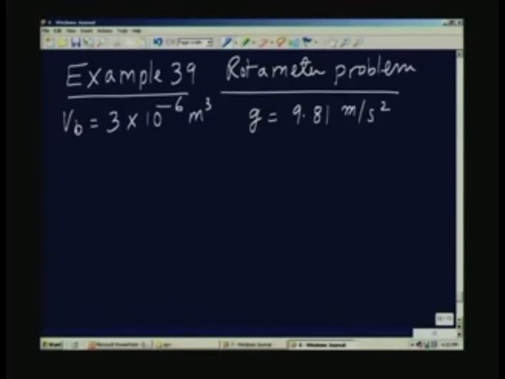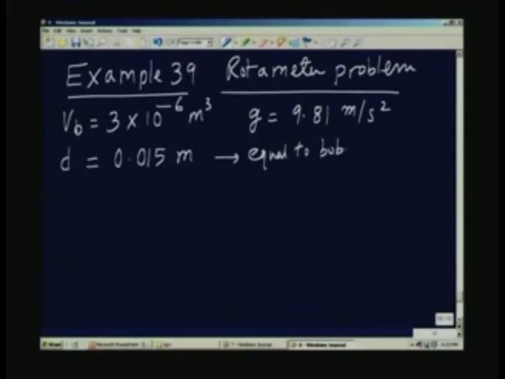Vb is the volume of the bulb, and then the diameter of the tube at the bottom is 15 millimeters, which will be 0.015 meter, and the diameter of the bulb is also equal to that.